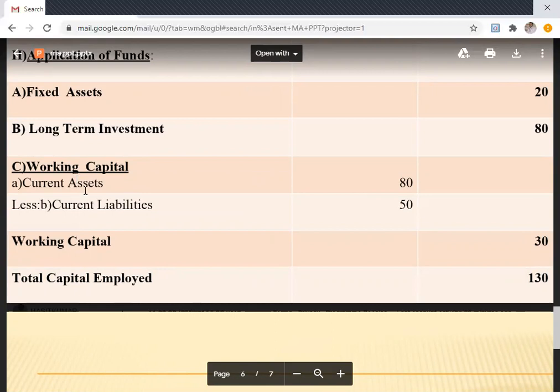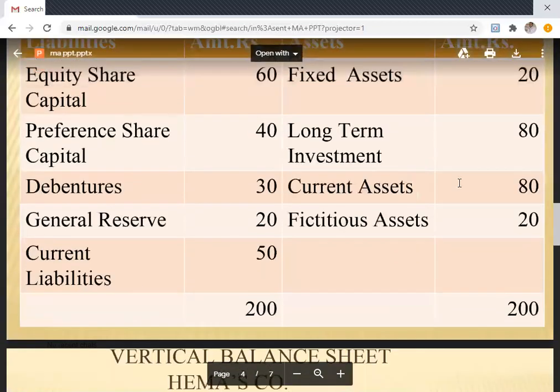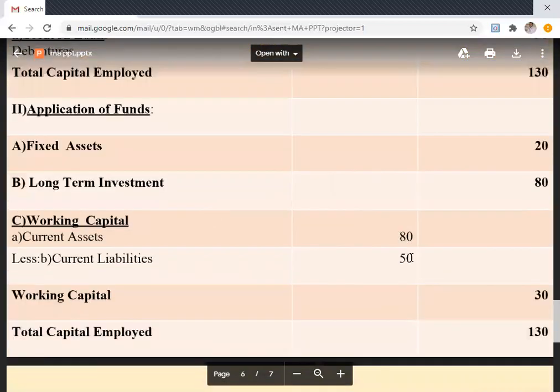The formula for working capital is current assets minus current liabilities. Current assets I will take as 80 from the horizontal balance sheet, and current liabilities are 50. If I subtract both, I get working capital as 30 in the outer column.